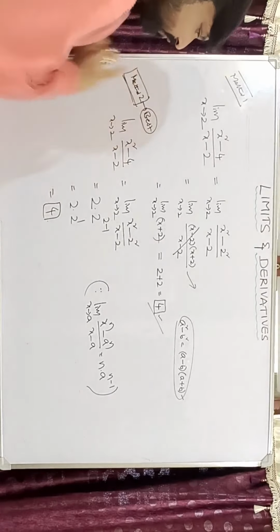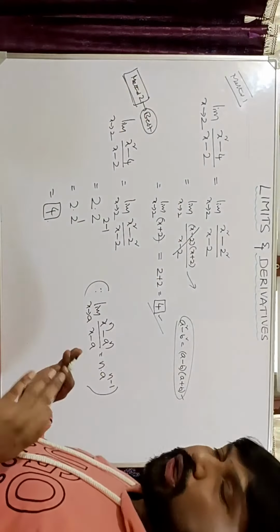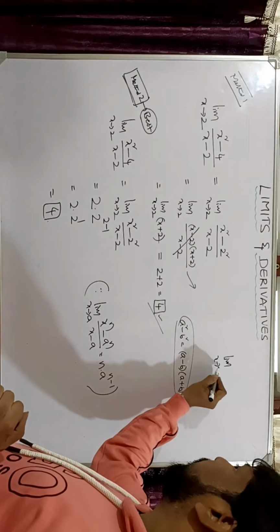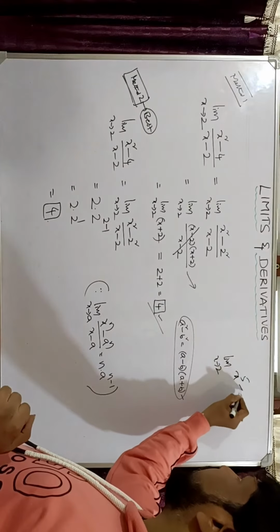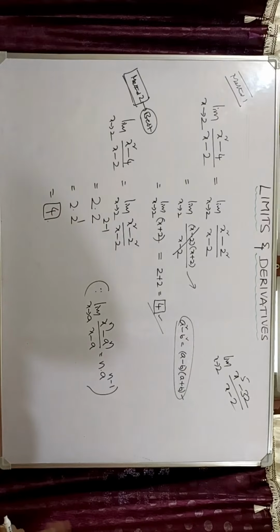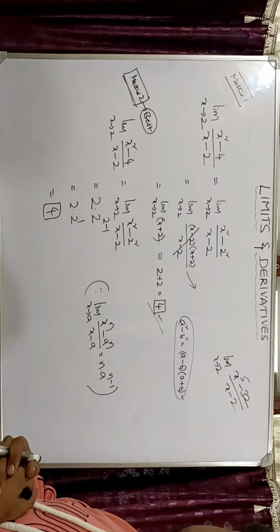Why? Because I'll give you one more example. Limit x tends to 2, (x power 5 minus 32) by (x minus 2) is given.